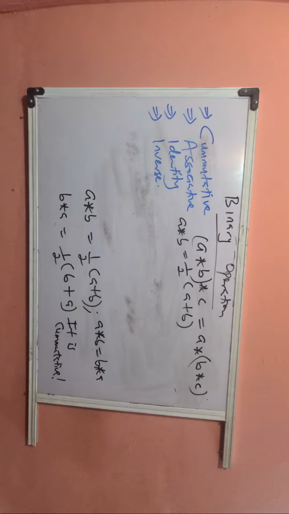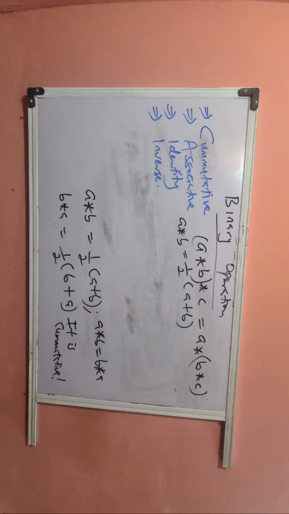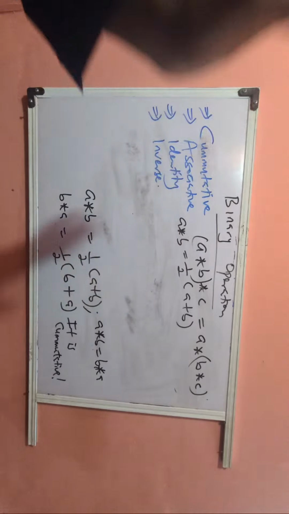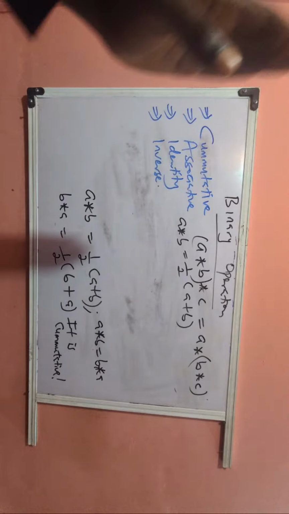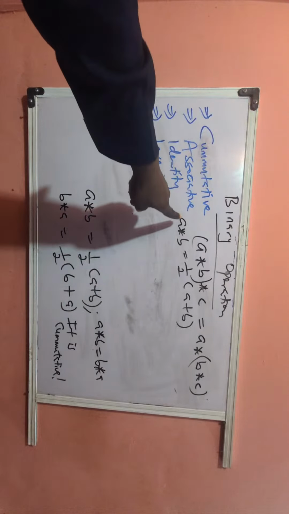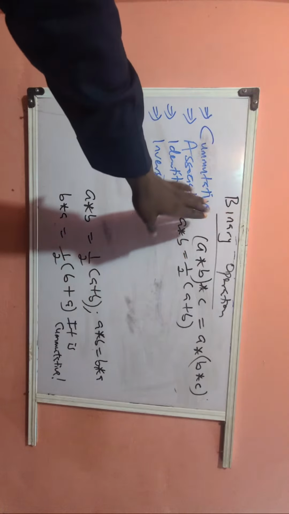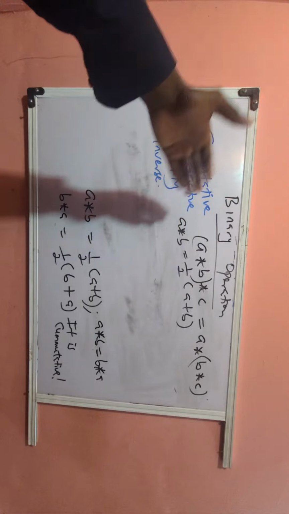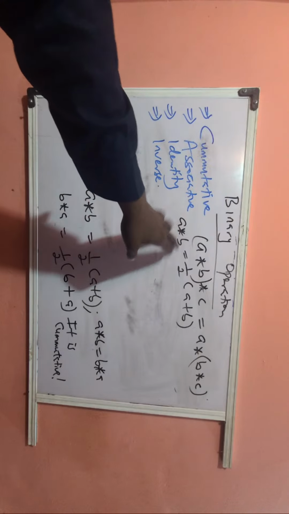I want you to understand that if you want to understand it better, just say it this way: all this A and all this B are subject to change. You don't have to be rigid on the alphabet, but understand it this way. This will help your understanding. Always say the first star the second. So in this case, A could be another letter in a new question, B could be another letter. So you are not too rigid on A and B being used.